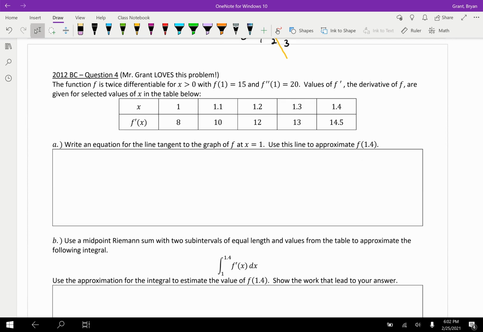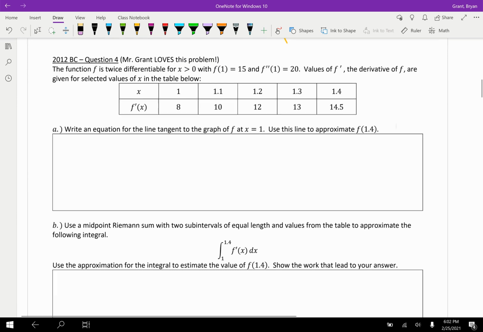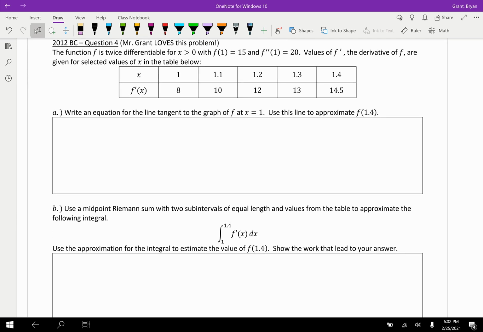Now, I mentioned, and we'll start with this free response here, that I love this free response problem. I think that's so clever the way that they ask you to do many different approximations that you've learned over the last 2 years. So let's just take a look through them first, and you can bask in the awe that is this problem. So A asks you to write a tangent line at 1, and then use that to approximate 1.4.